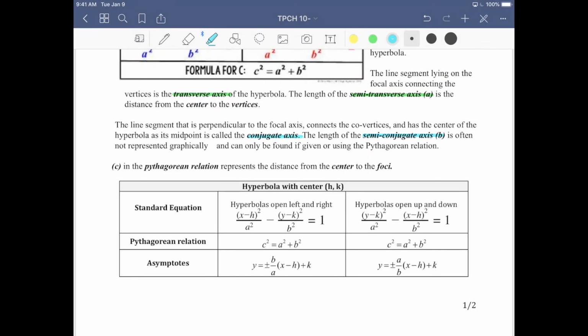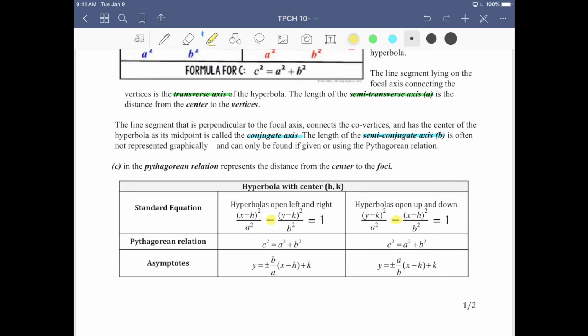So here's a useful table that we're going to refer to when creating our standard form equation of the hyperbola. The difference between the ellipse standard form and the hyperbola standard form is that here I have a minus instead of a plus. The ellipse has the plus, but the hyperbola has a minus.